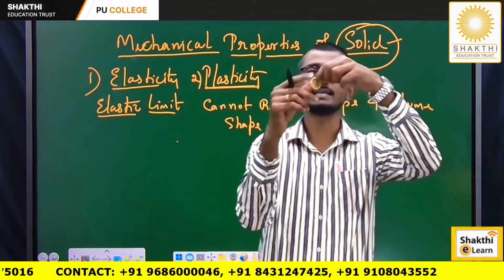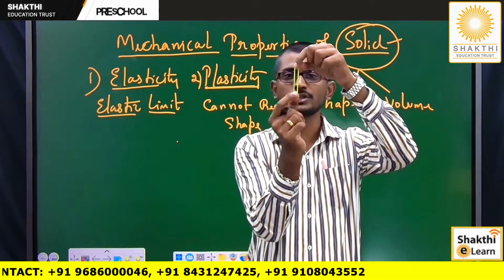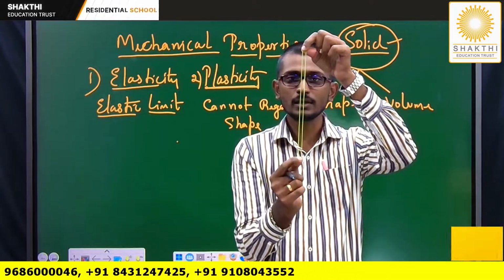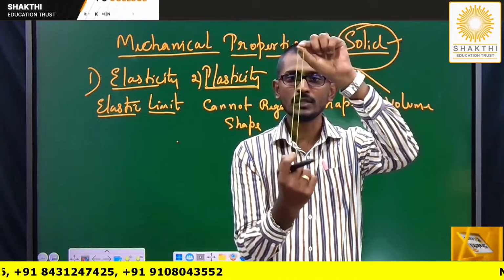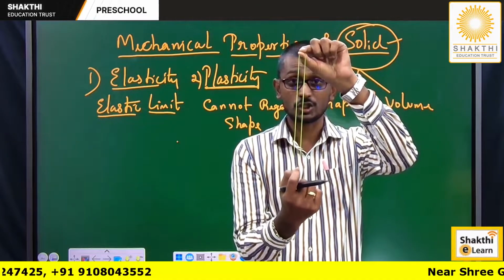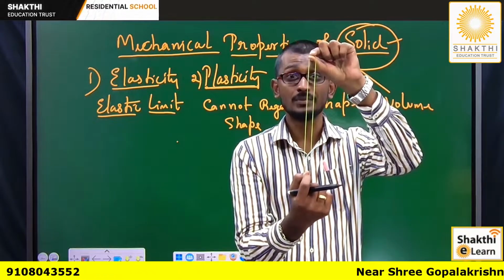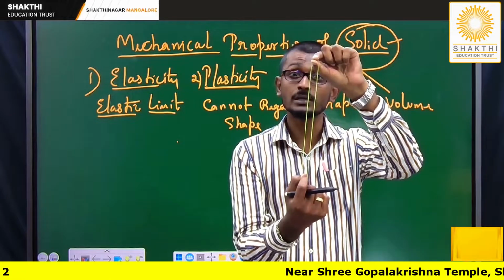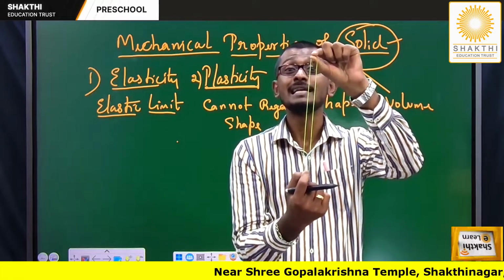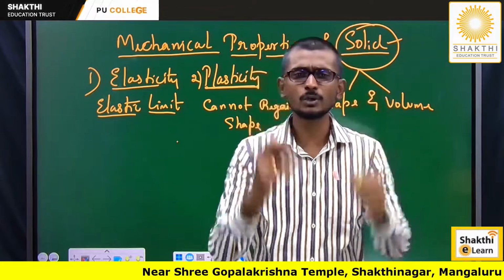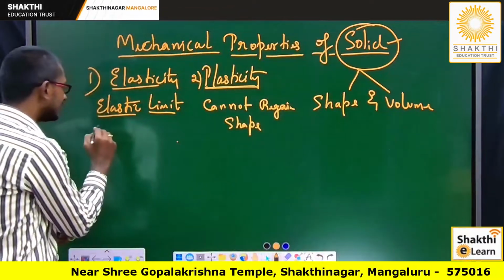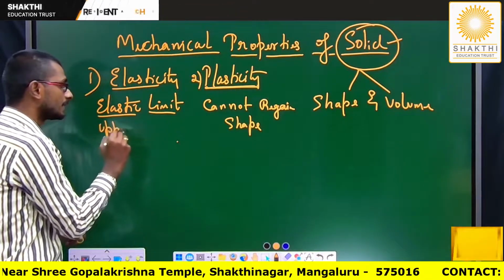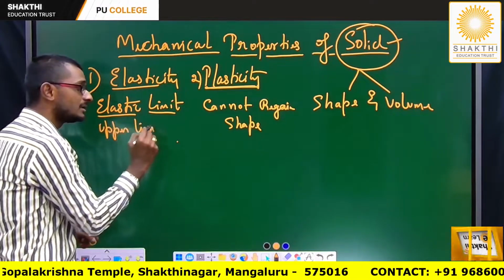When I stretch this, it has got some limit, correct? Beyond this, where the body cannot be stretched further, that is called the elastic limit. A simple keyword to remember: it is an upper limit, in the sense that it's a maximum limit.